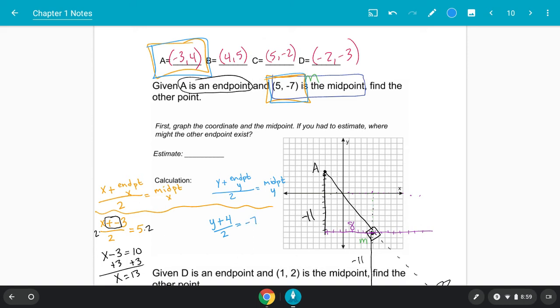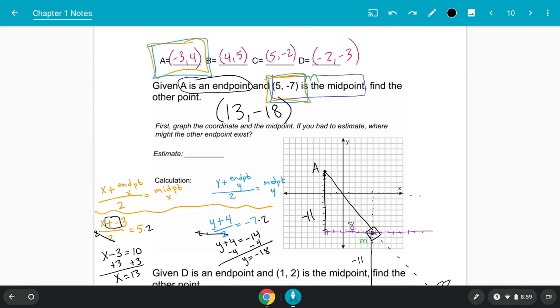And then we go ahead and solve. Times 2 times 2. These cancel, that's why you do that. Just like over here they canceled. So you get y plus 4 equals -14. Then you subtract 4, and you get y equals -18. So when it says find the other endpoint, it is at 13, -18.